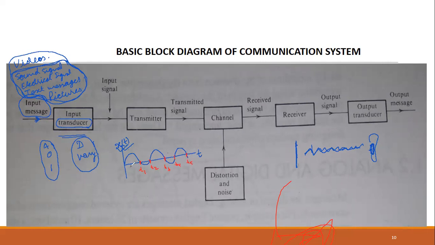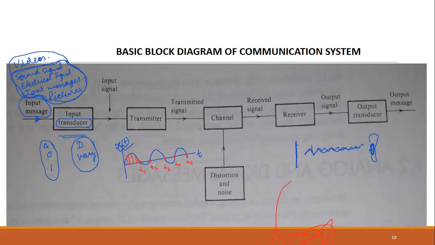Okay, so now we can see that at this point, at this time the amplitude is this much, at this time amplitude is this much, at this time amplitude is maximum, and again the amplitude is decreasing as time passes.